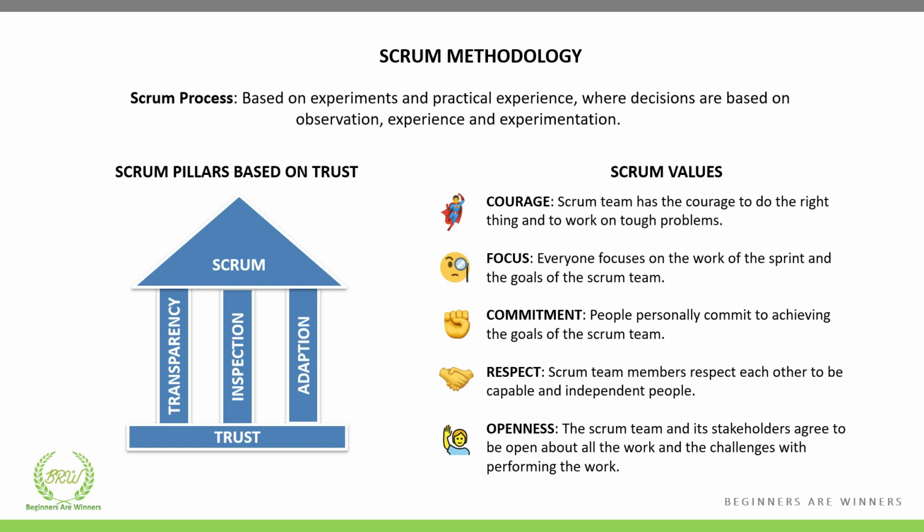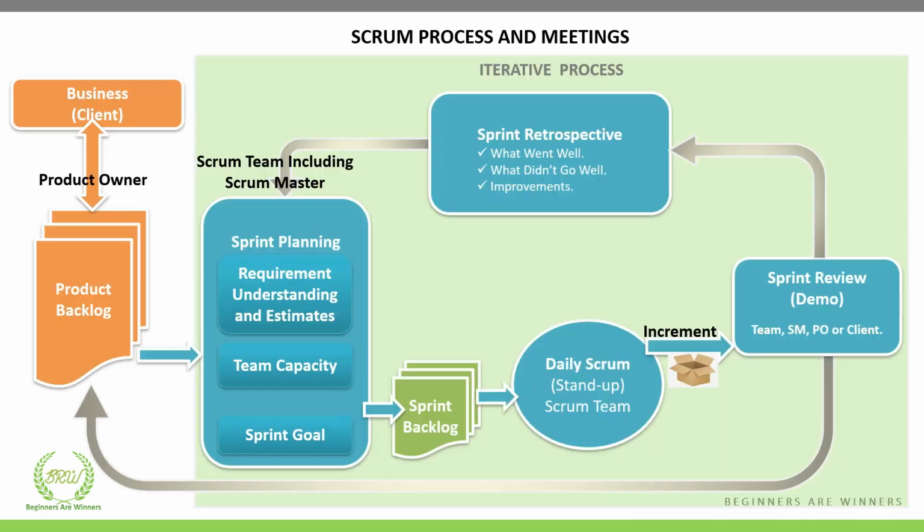And as everything is based upon trust, the team must have Scrum values, which means every individual in the team must be courageous to take up challenges and tough tasks. They must be focused and committed to project and sprint goals. Everyone in the team must respect each other, and the team must have openness to share their thoughts and opinions and work together on the challenges.